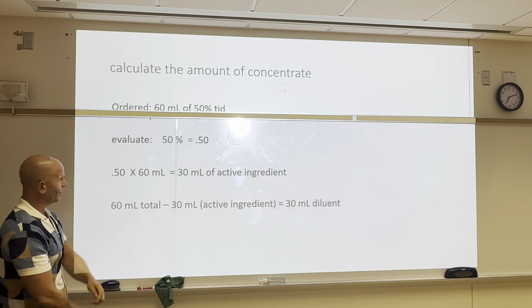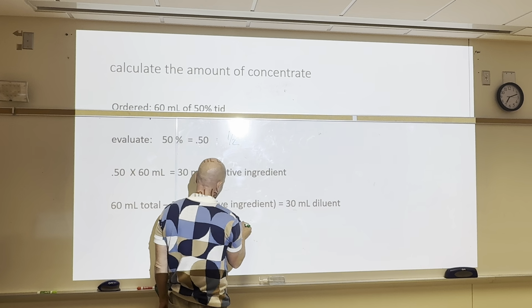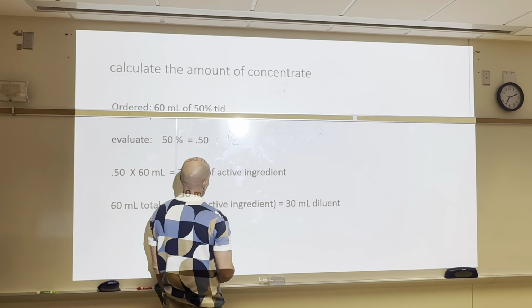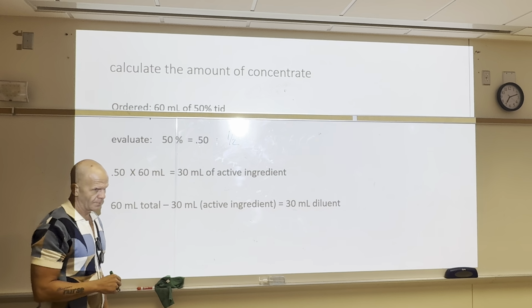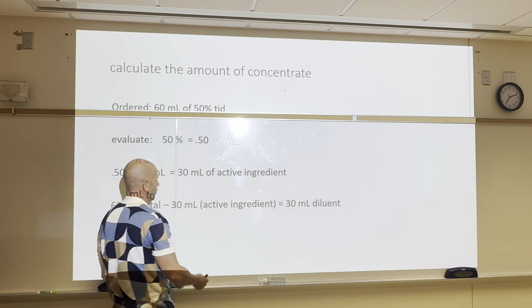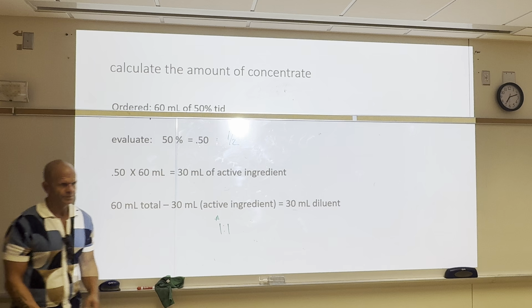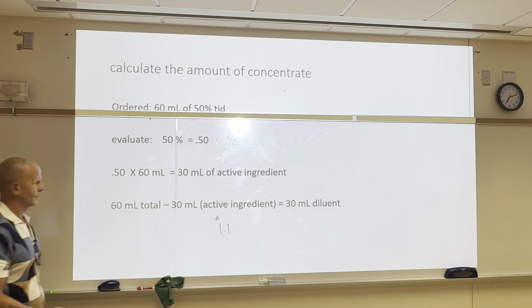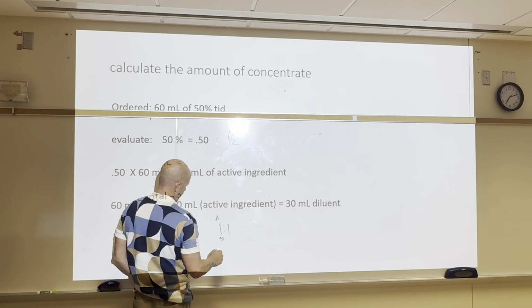So what is that equal to? We've got to calculate the amount of concentrate. How many times does 50 go into 100? 2. So how much active would there be? How much inactive is there? Okay?